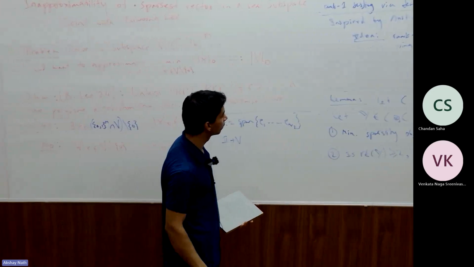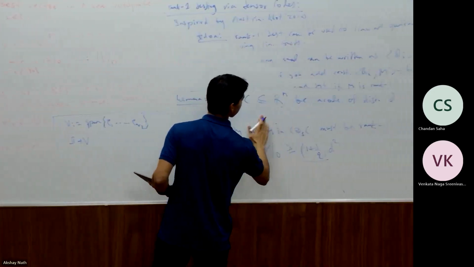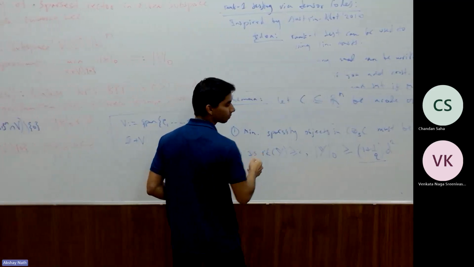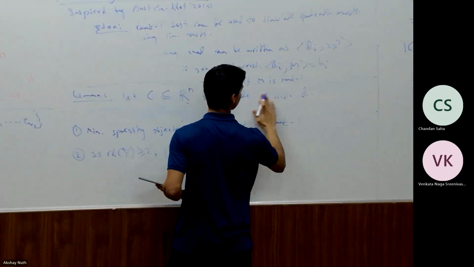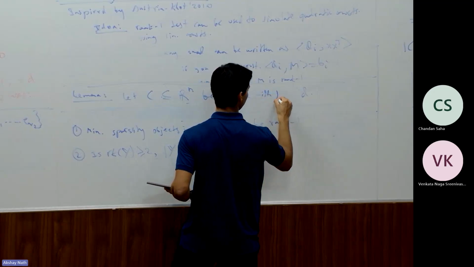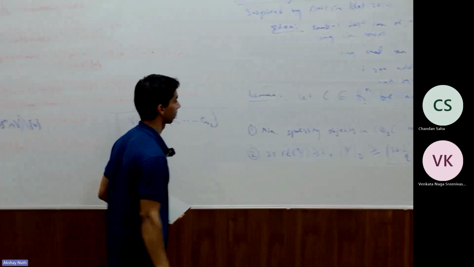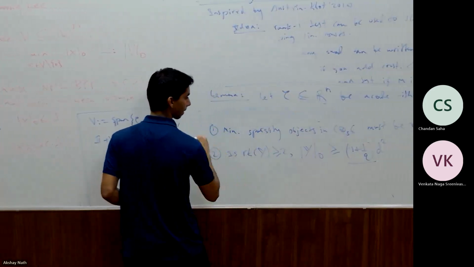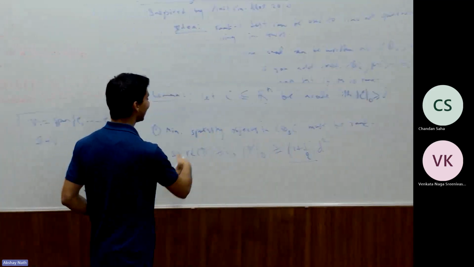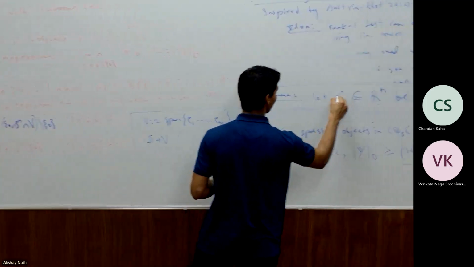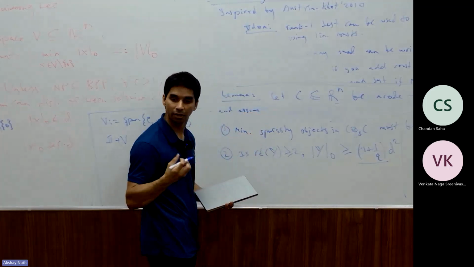Consider a code over the reals of distance d, with this notion of distance. Assume you have the following overlap property.